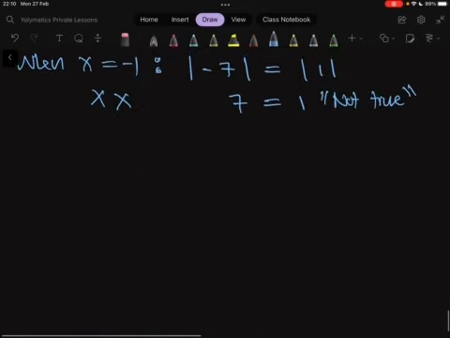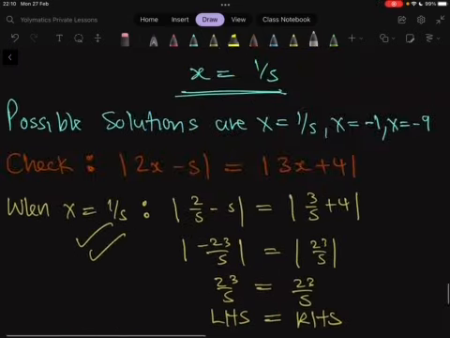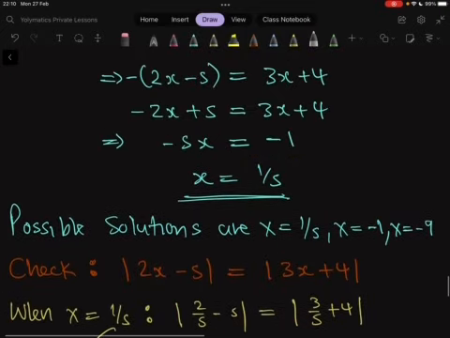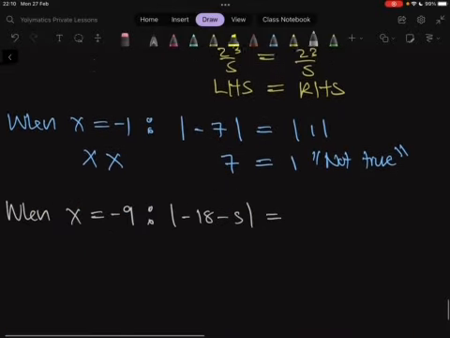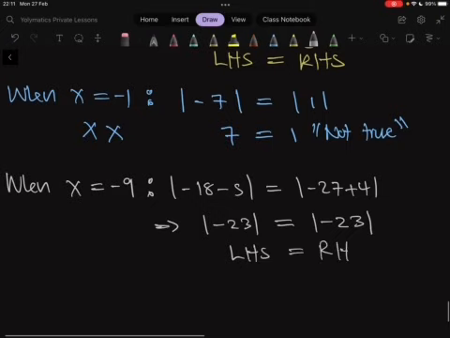Now we can check for -9 as well. When x is -9, on the left, put -9, you get |-18 minus 5|. On the right hand side, you get -27 plus 4, which simplifies to 23 and -23. Hmm, so the left hand side and the right hand side are the same.